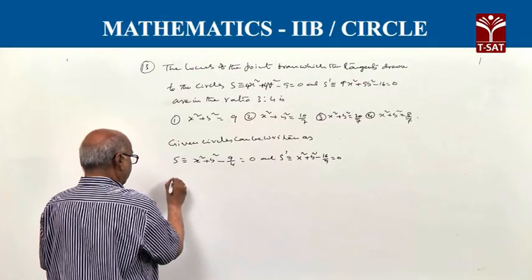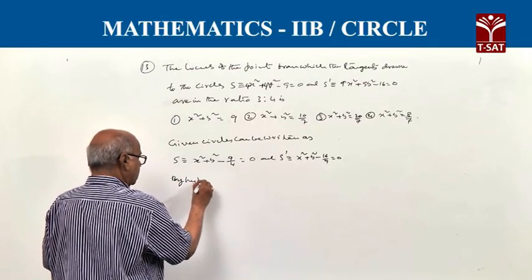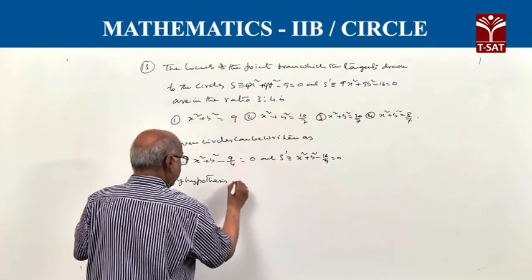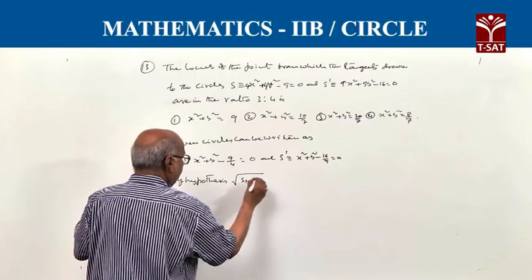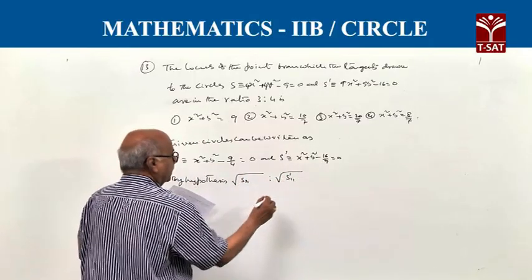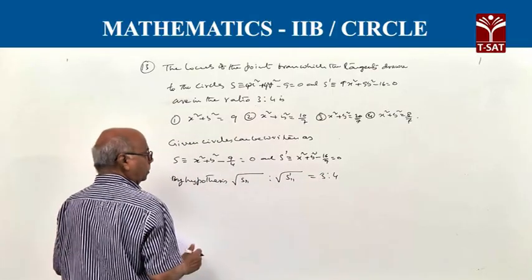So, now you are given by hypothesis root S11 is to root S dash 11 is equal to 3:4.